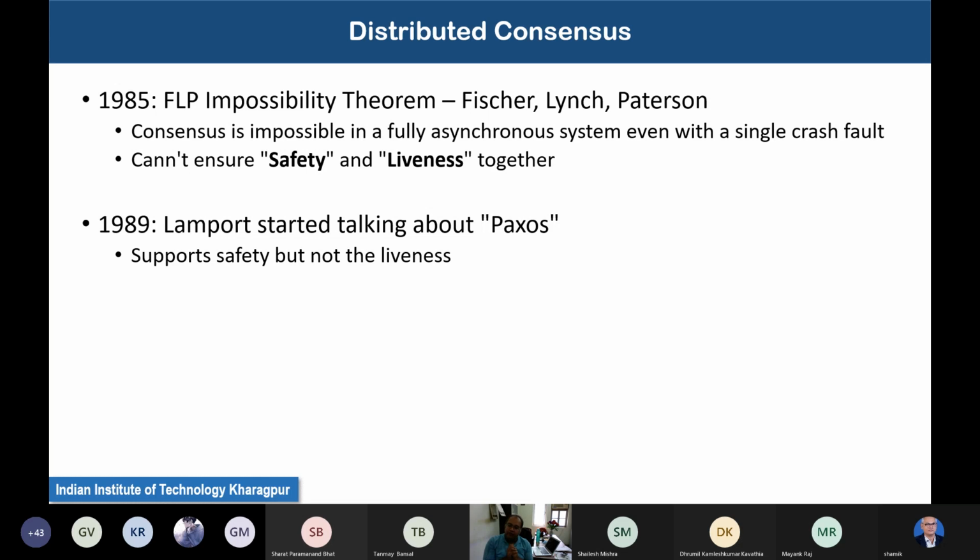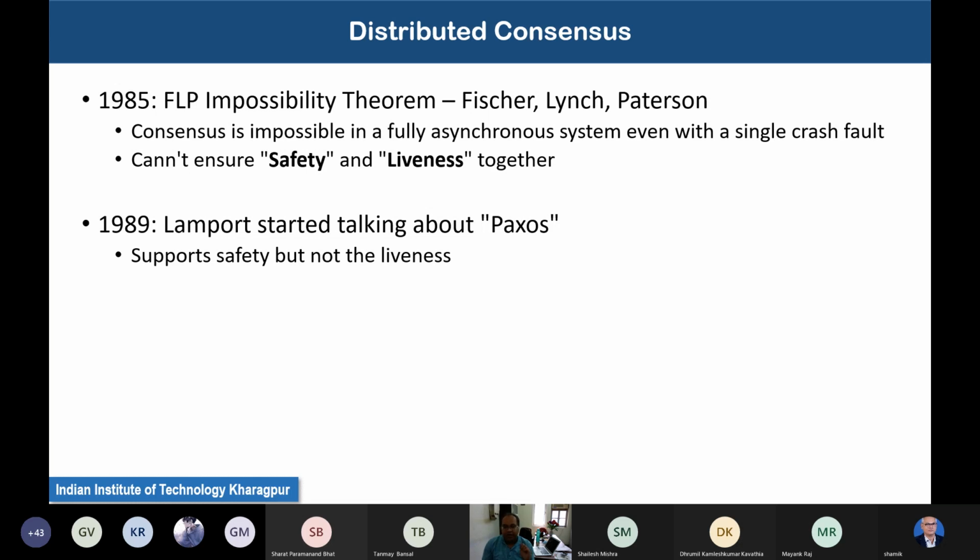The interesting fact is that in distributed systems literature, Paxos is not a single algorithm, rather it is a set of algorithms. Later on we'll discuss Paxos and those algorithms in detail. The core idea was that this set of algorithms will always give more weight to safety compared to liveness.